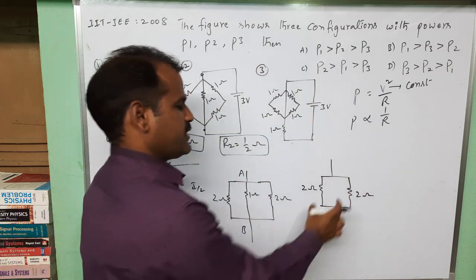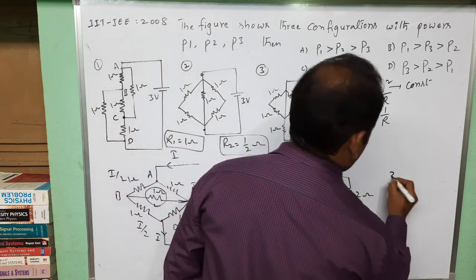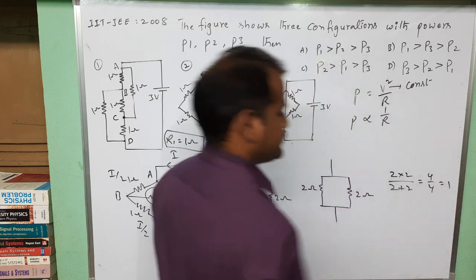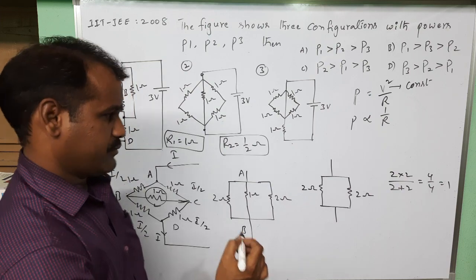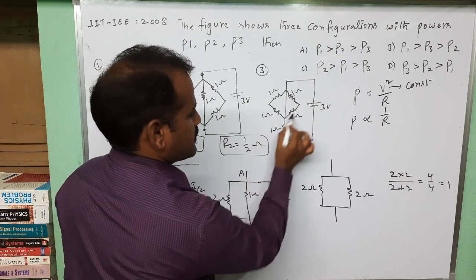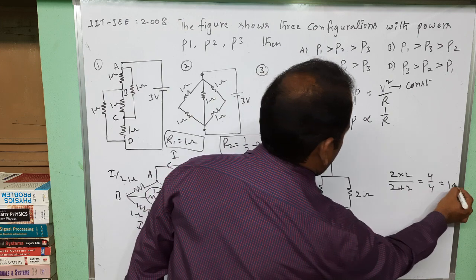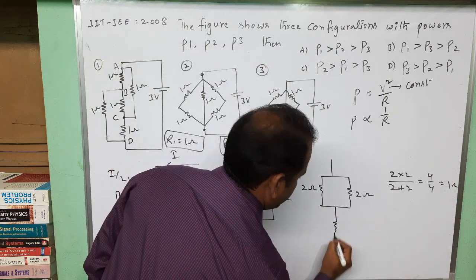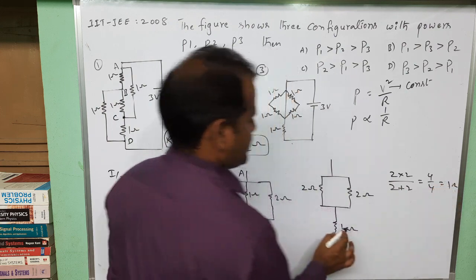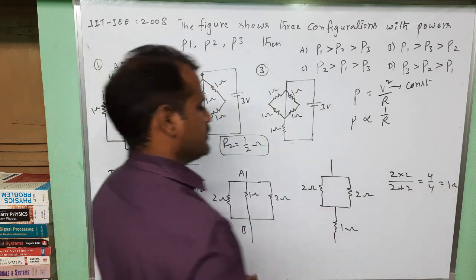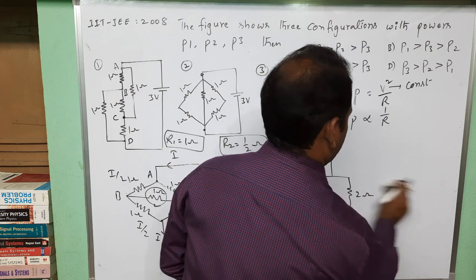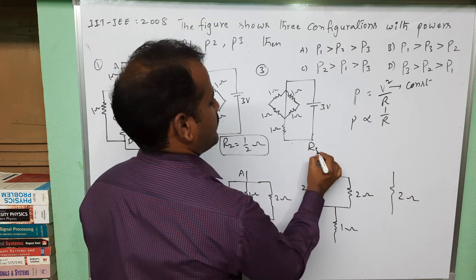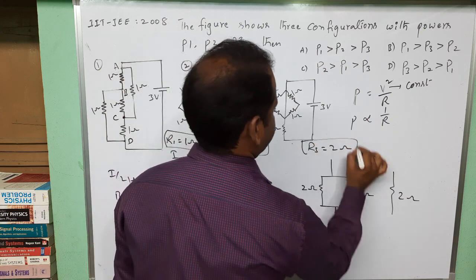Now the equivalent resistance for this is 2 ohm in parallel with 2 ohm: 2 into 2 by 2 plus 2, 1 ohm. This 1 ohm in series with the other 1 ohm is 2 ohms. So the equivalent resistance for the third one, R3, is 2 ohms.